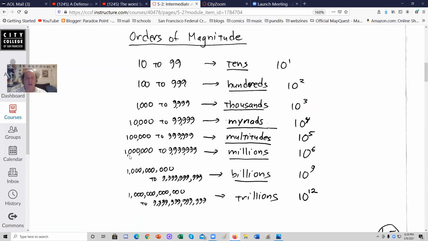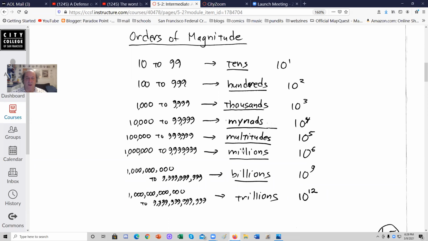I'll skip to millions: a million to 9,999,999, that's times 10 to the sixth. A billion to 9.999999 billion, that's in the billions, 10 to the ninth. And a thousand billion to 9.99999 thousand billion, those are in the trillions, that's 10 to the 12th.